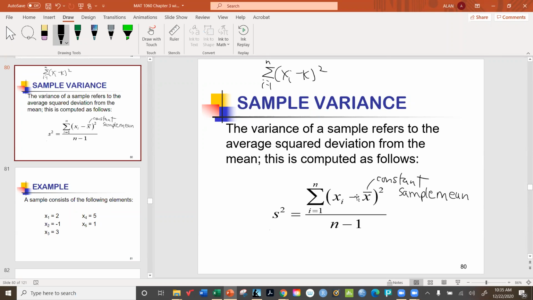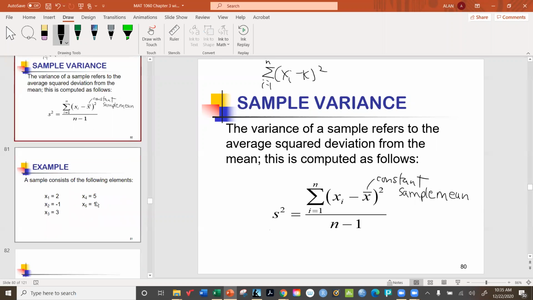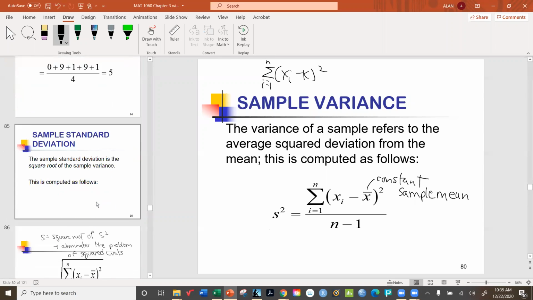So therefore, it becomes a useless measure. We have to square the results in order to come up with a meaningful measure. The other option is to do the absolute value, but that apparently has some very awkward properties. So this is the measure of choice. We square the results with the understanding that when we're done, we'll have to take the square root.